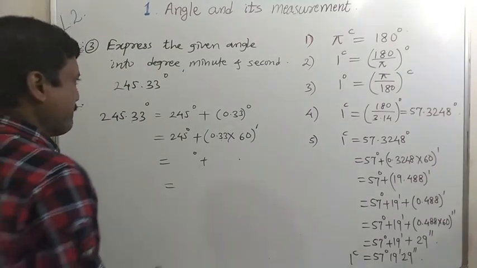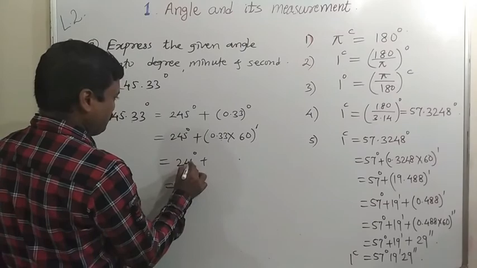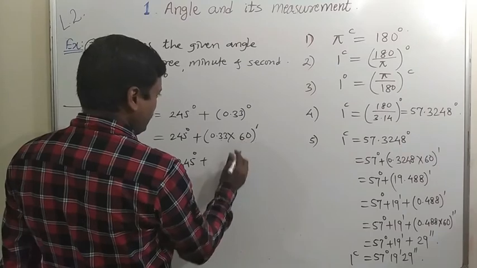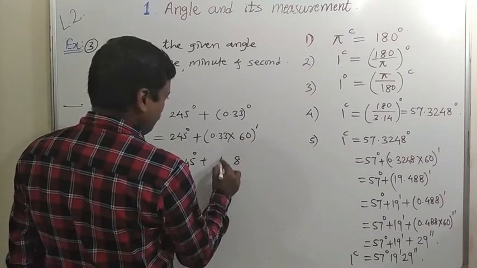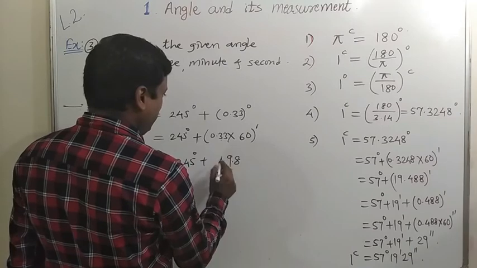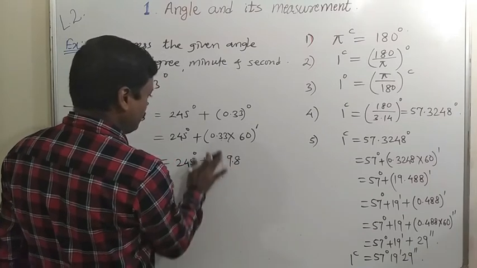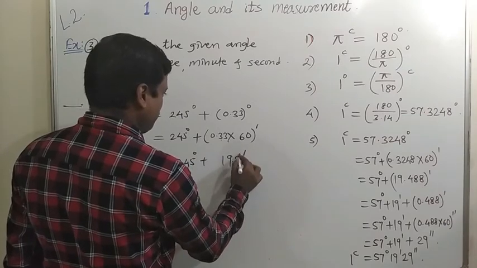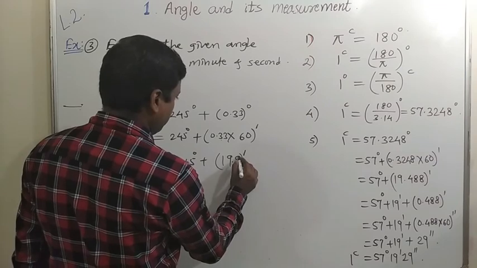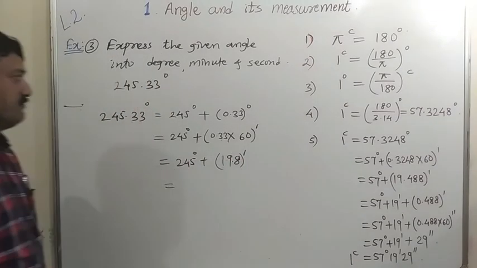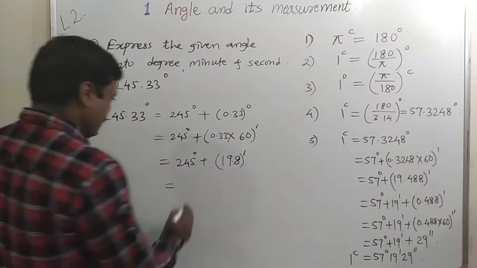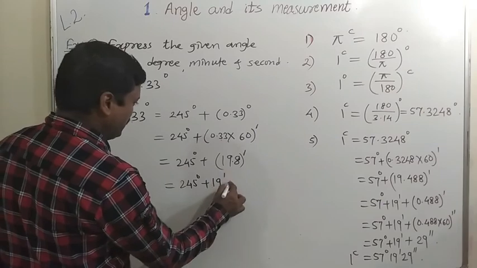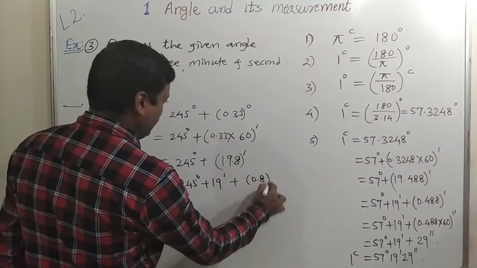So now here we get 245 degree plus 0.33 into 60, it will be 198, means 19.8 minutes. So we get here 245 degree plus 19 minutes plus 0.8 minutes.